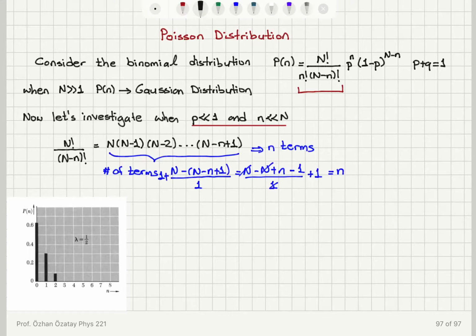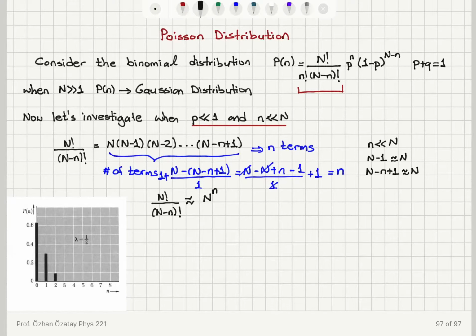Okay, and I also know that n is much less than capital N. So if you look at the second term, capital N minus 1, it's approximately capital N. And if you look at the last term, capital N minus n plus 1, that is also approximately capital N. So I can say that capital N factorial divided by capital N minus n factorial is approximately equal to capital N multiplied with itself n times.